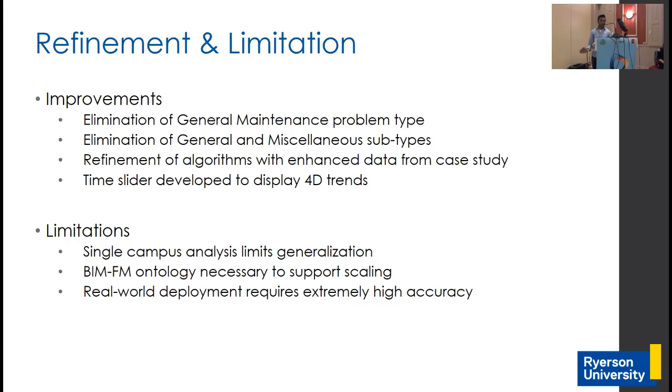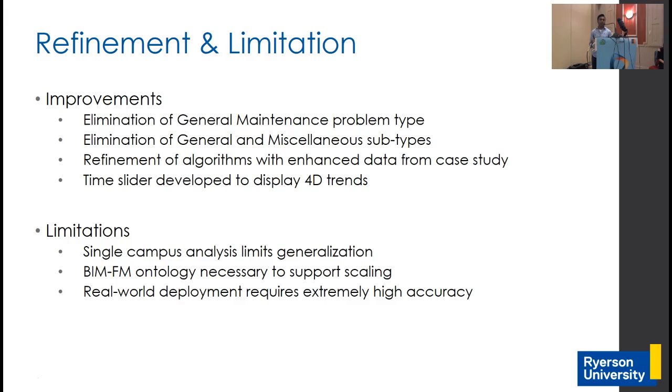But before we get there, I just want to acknowledge that the limitations of the study include that we only studied a single campus. So at our campus, we have our own way of delivering work orders to the staff, and through our method of user-submitted work orders, that allowed for the prediction of problem types. However, in a different submission process, you might not receive the same amount of accuracy.